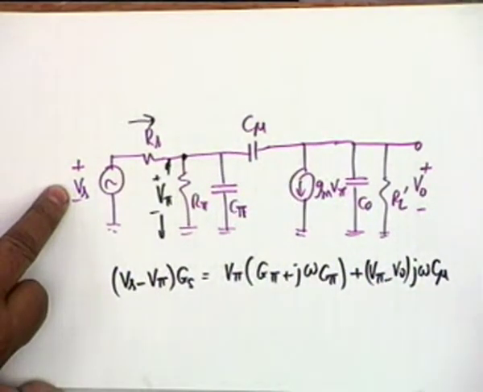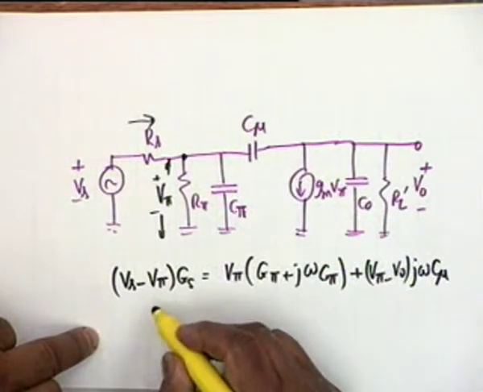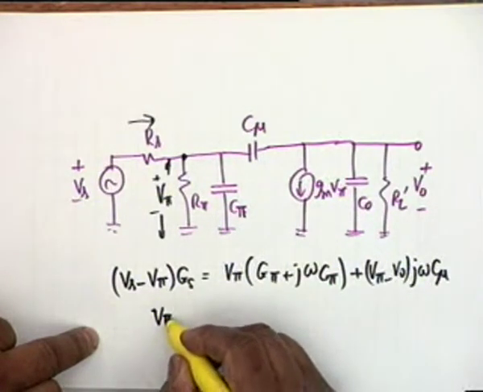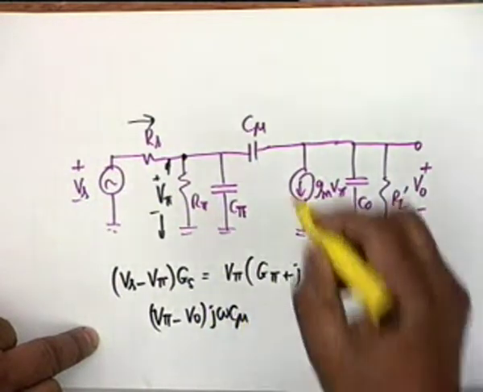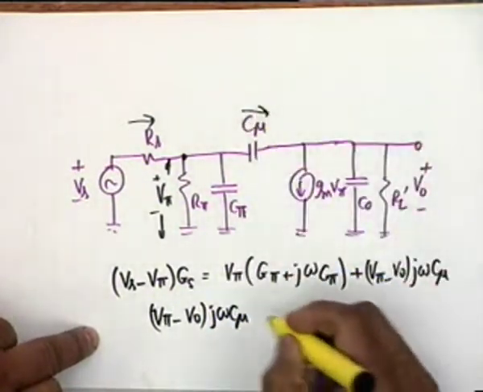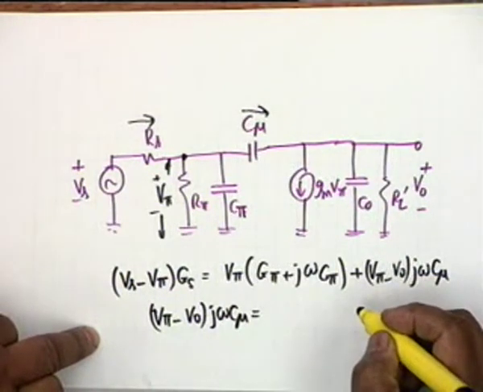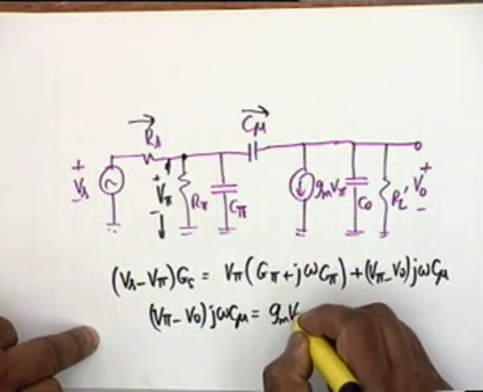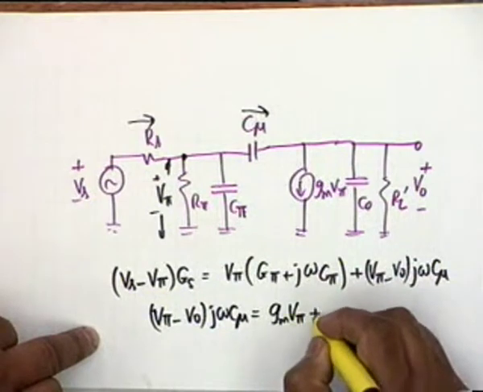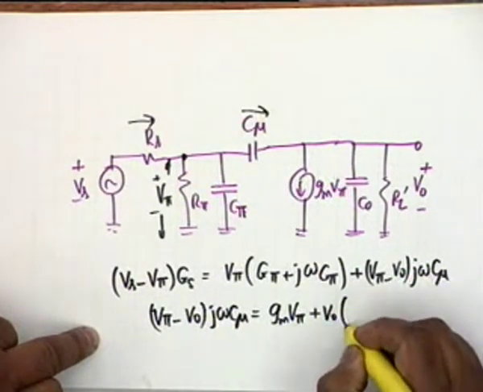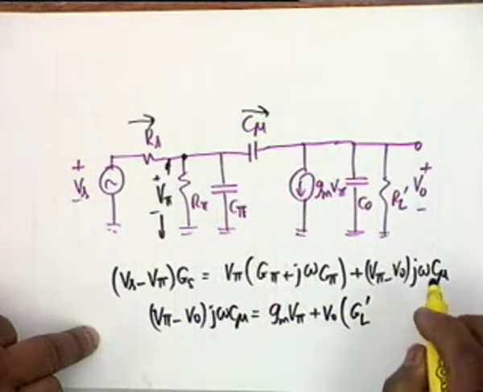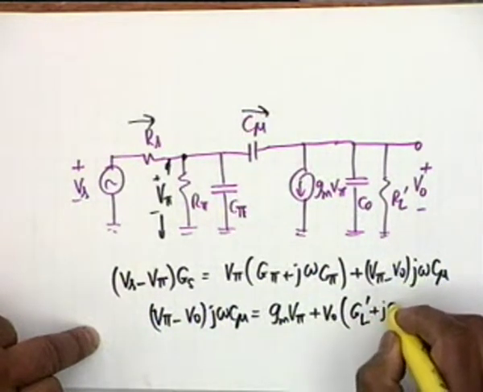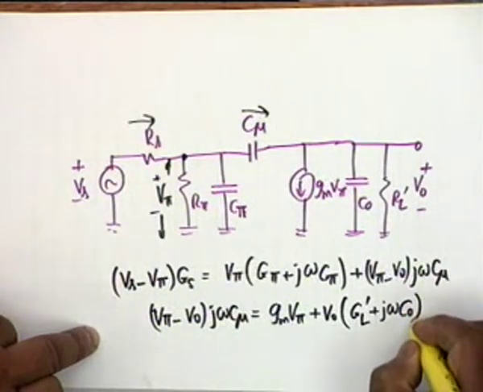Agreed? This is the first node equation. The second node equation is V pi minus V0 times j omega C mu. It is this current. That would be equal to Gm V pi plus V0 GL prime plus j omega C0. That's it.